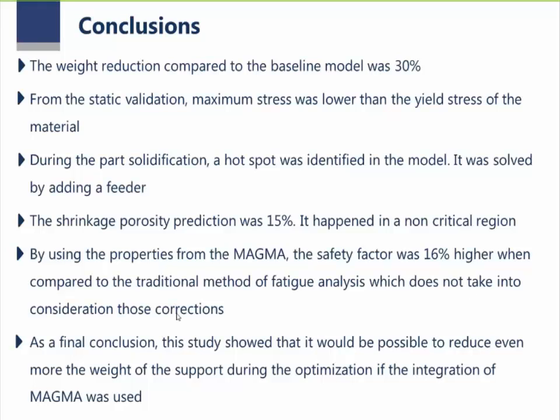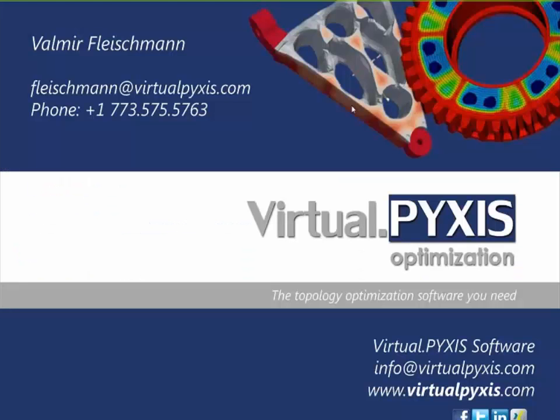And as I told you before, as a final conclusion, this study shows that you can have a higher safety factor, or you can think about going further with your optimization and trying to remove even more material, for example, 30%. So this is the last slide.